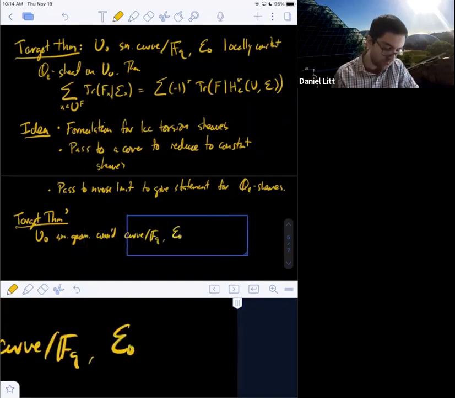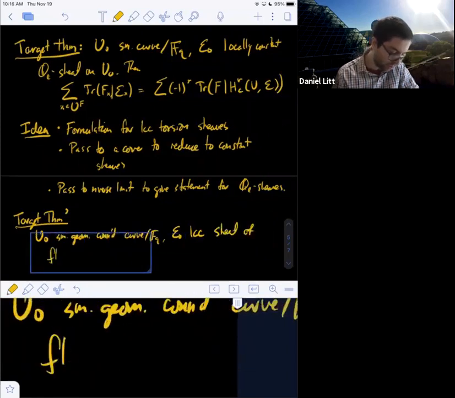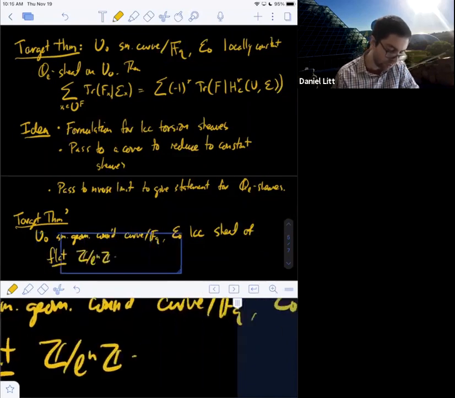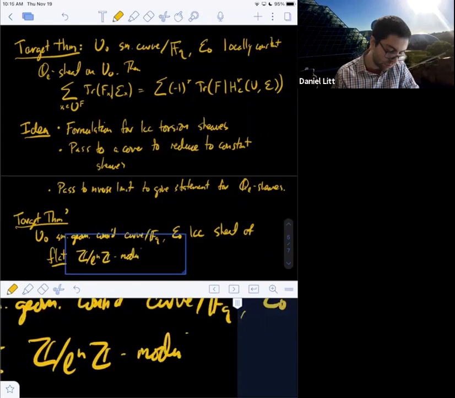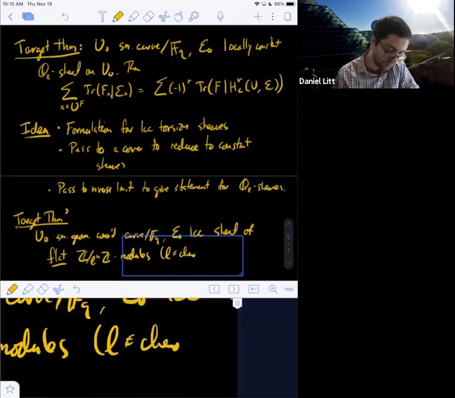E naught will be a LCC sheaf of flat Z mod L to the n Z modules, where here L is not equal to the characteristic of FQ.